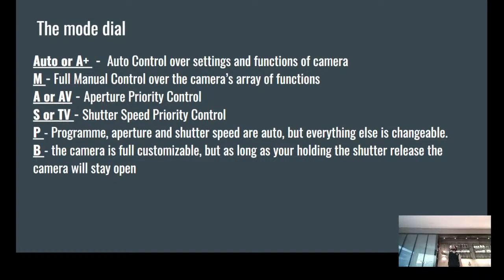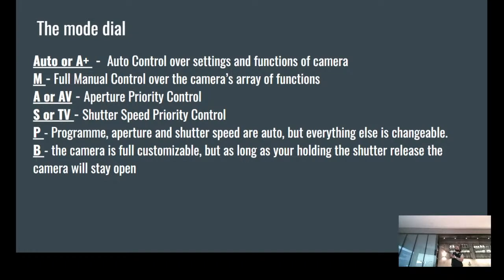P stands for program, and program can basically do anything that you want. Aperture and shutters can be on auto, but everything else is changeable. For everything on the camera, you can change it, but the nice thing with program is, let's say that you had your ISO automatic, your shutter automatic, and you were doing your aperture at maybe a 2.8 or a 4 the entire time.